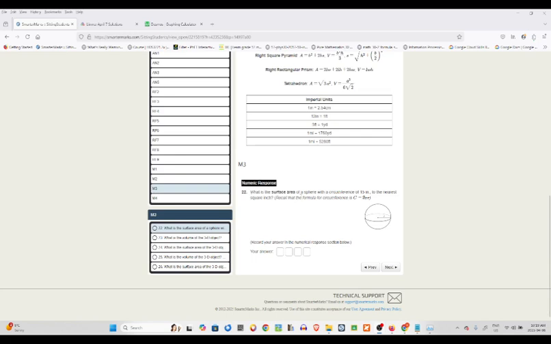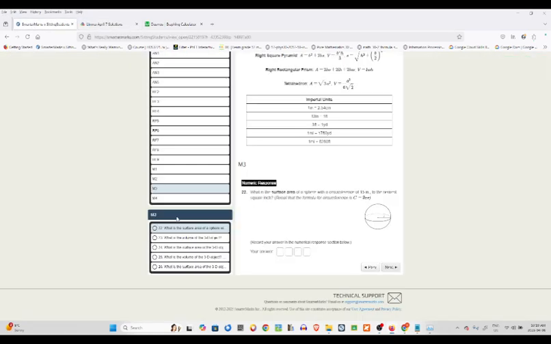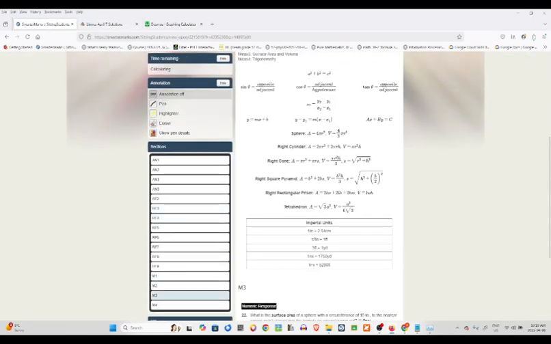Anyway, what is the surface area of a sphere with a circumference of 15 inches? So we have our formula sheet up at the top. That formula sheet will tell us that the area of a sphere is 4 pi r squared.